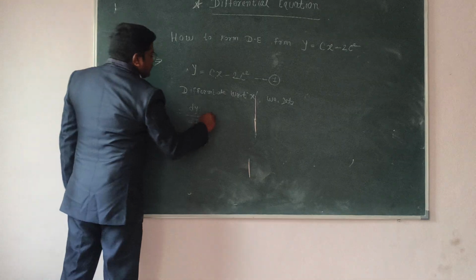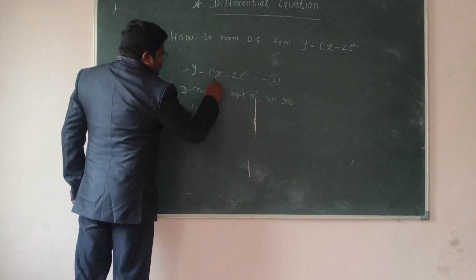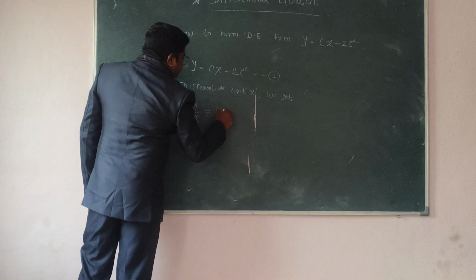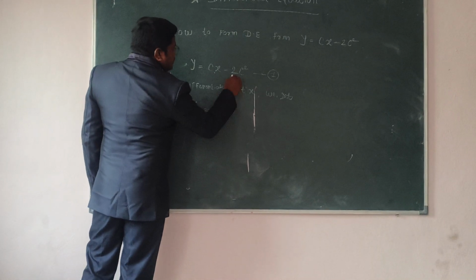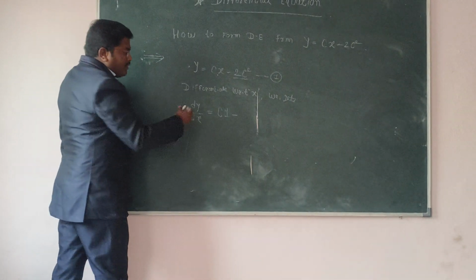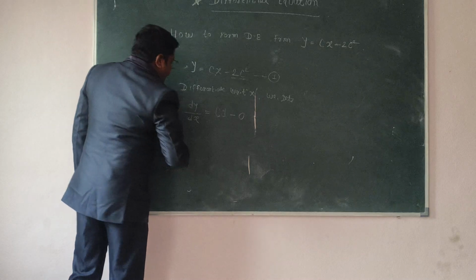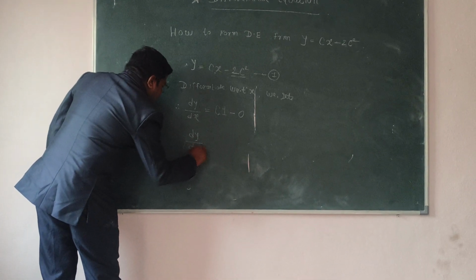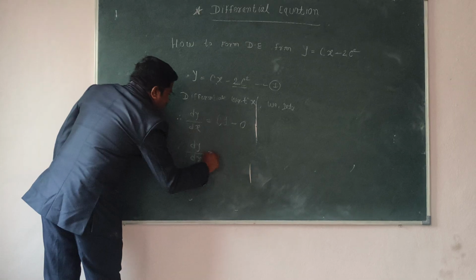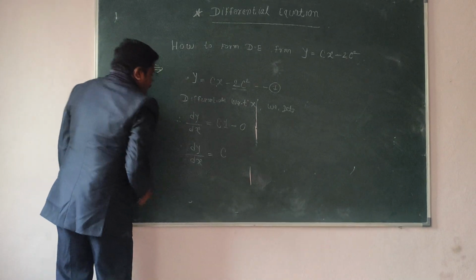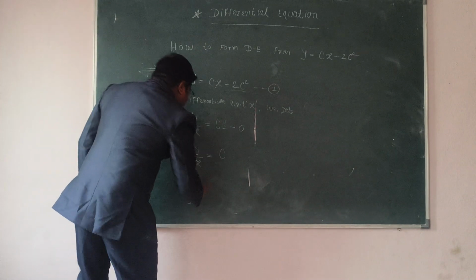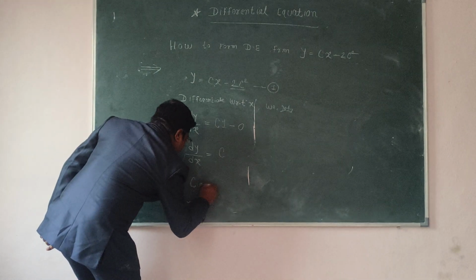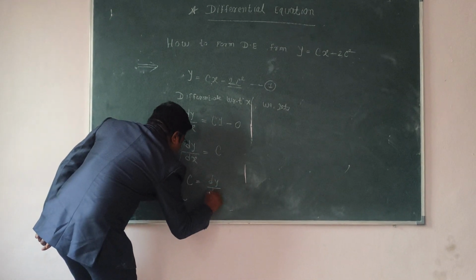Therefore, dy by dx is equal to, the derivative of x is 1, and this other term is a constant, so the derivative of a constant is 0. Therefore, dy by dx is equal to c. So the value of c is dy by dx.